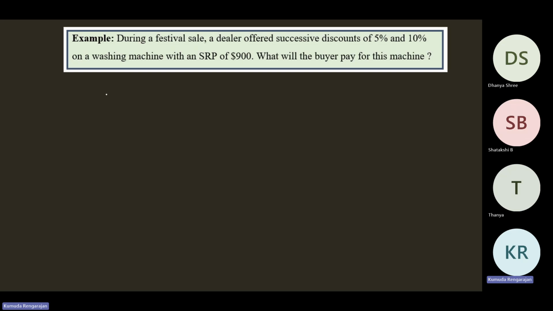The keywords of this topic are marked price. It's also called the suggested retail price, or maximum retail price, or list price. All these represent marked price. We'll understand what it means. First, we'll just get the new terms.